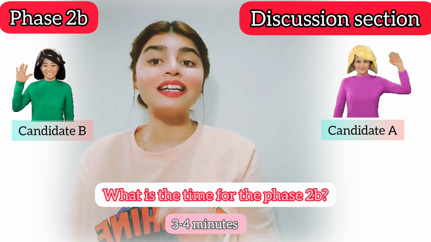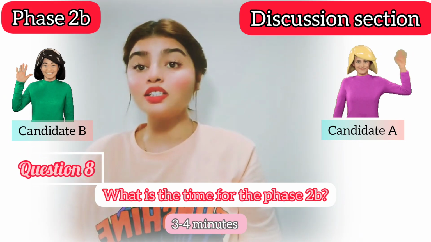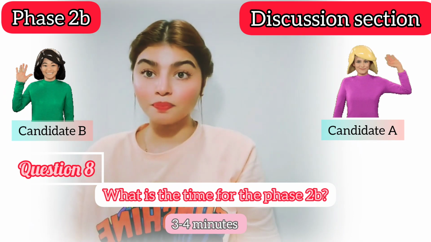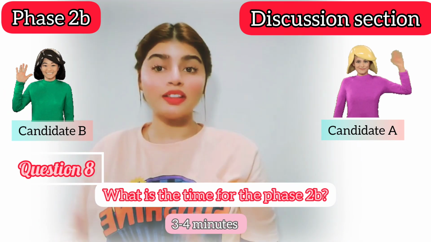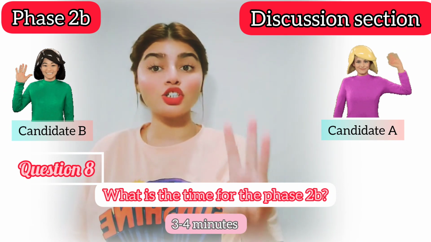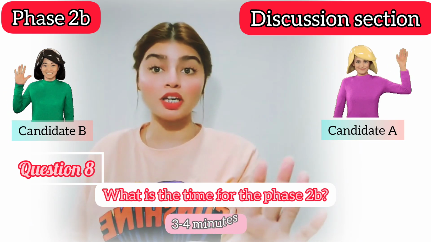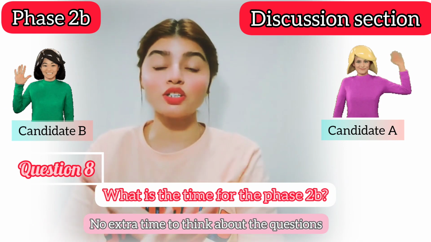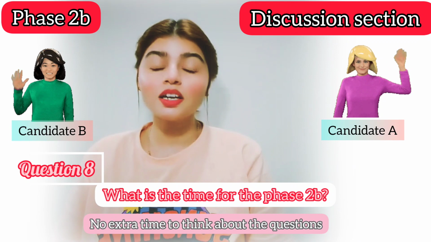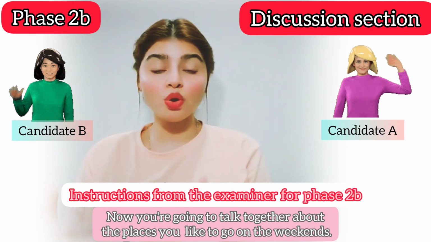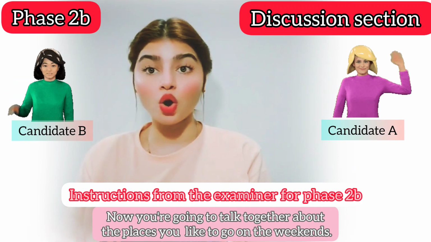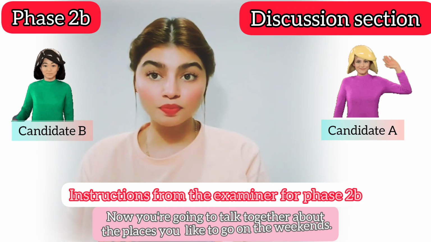After that, we have the discussion phase, and this is called phase 2B. Now, the time for this phase is 3 to 4 minutes. You must continue your discussion for 3 minutes. You don't get any extra time to think about the questions. And the examiner says, now you're going to talk together about the places you like to go on the weekends.